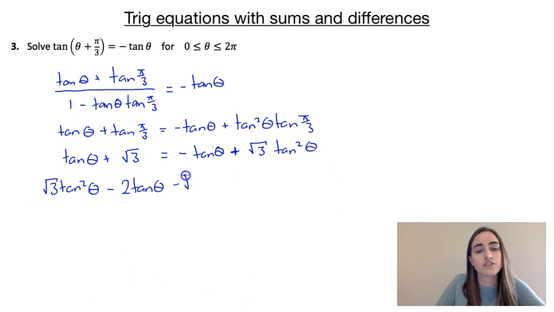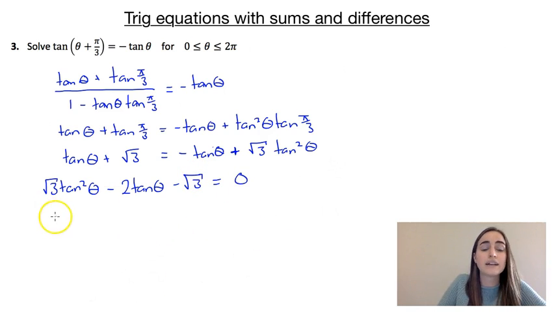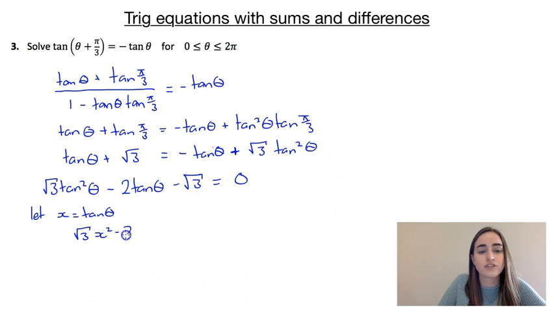And then I'm going to minus the root 3 as well. And we're going to have equal to 0. Now we've got a quadratic trig equation. To make it a little bit easier to see, I'm going to let x equal tan theta. So we'd have root 3 x squared minus 2x minus root 3 is equal to 0.